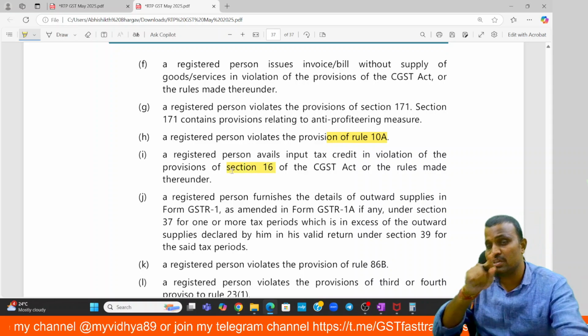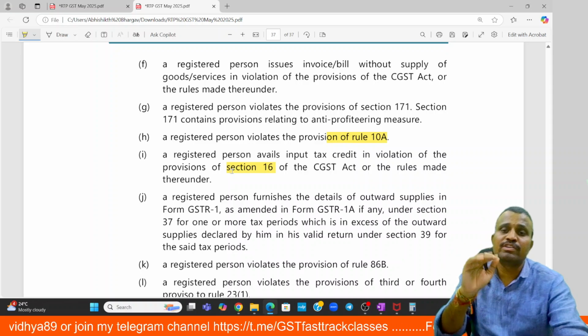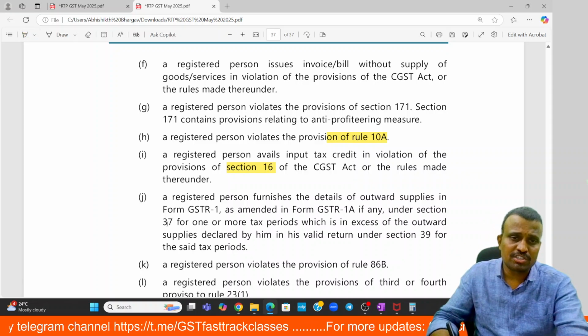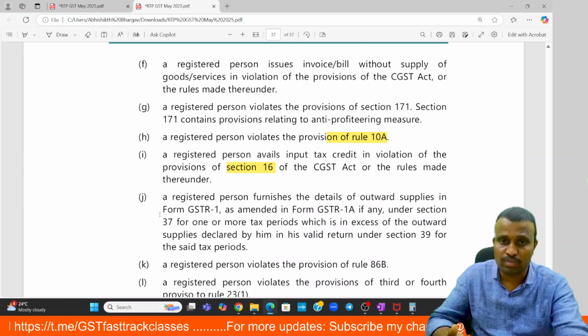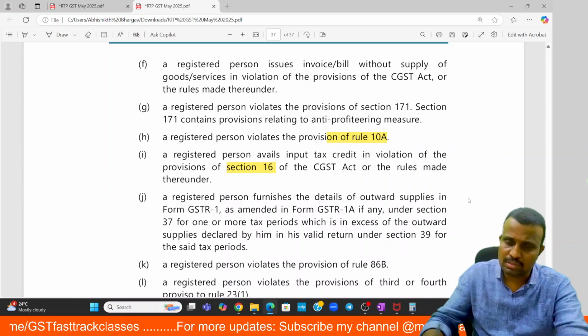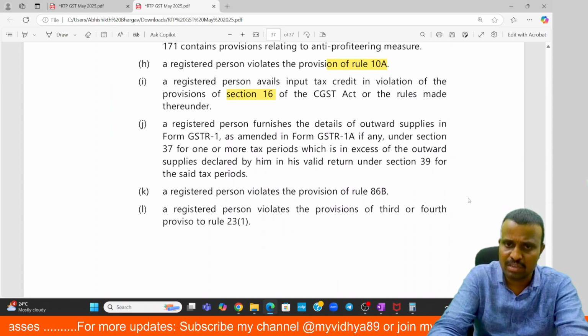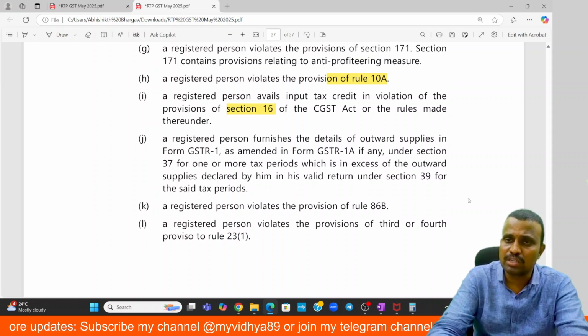Section 16 is relating to the conditions required to be followed for claiming input tax credit. And in relation to GSTR 1A, if any person is providing more outward supplies, that registered person is violating the provisions of Rule 86B and the third and fourth provisos to Rule 23(1).